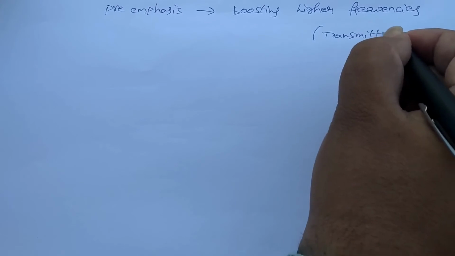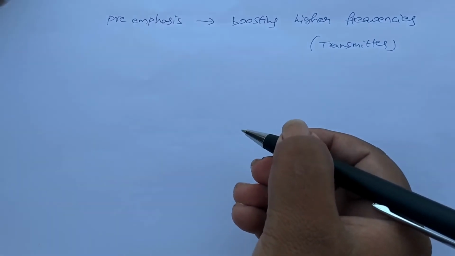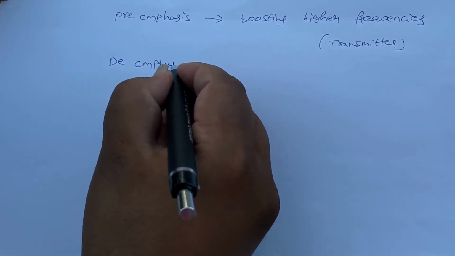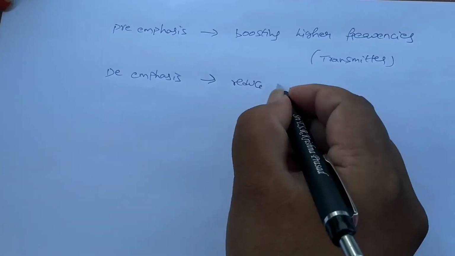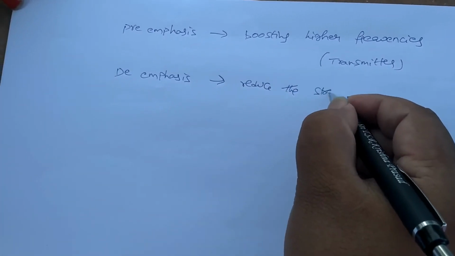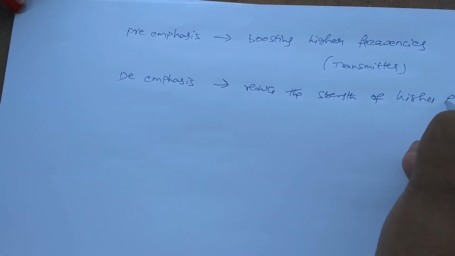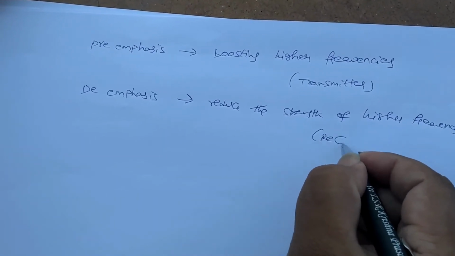If we strengthen the higher frequencies, the opposite function has to be implemented at the receiver side, and that component is called de-emphasis. That means we reduce the strength of higher frequencies, placing the exact opposite of pre-emphasis in the receiver.